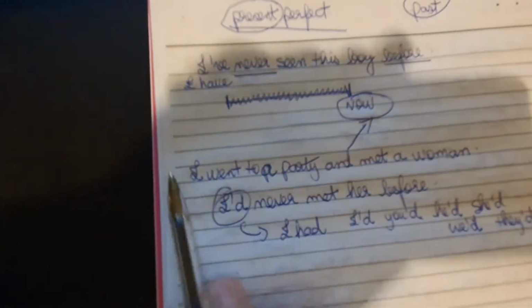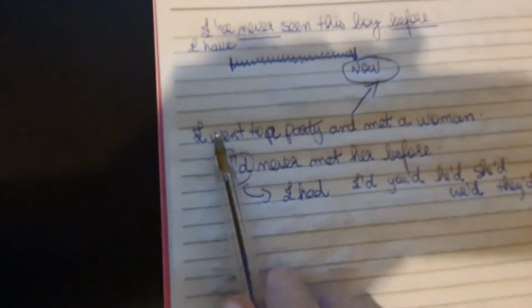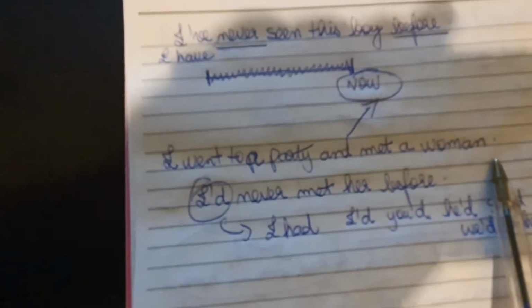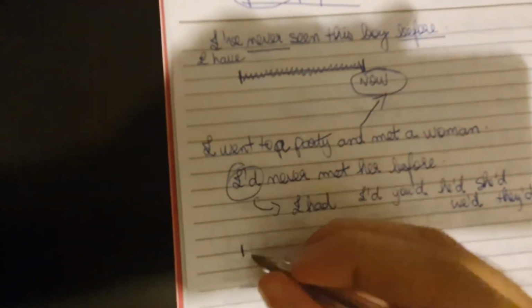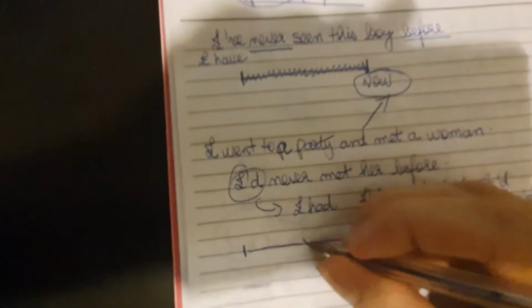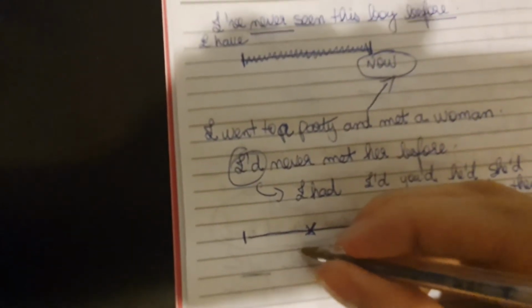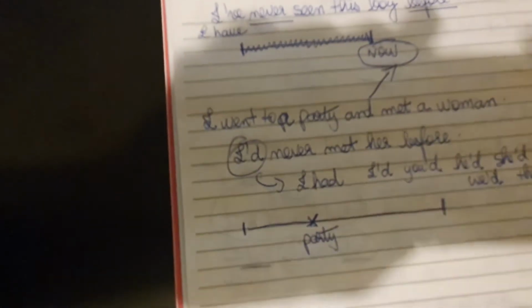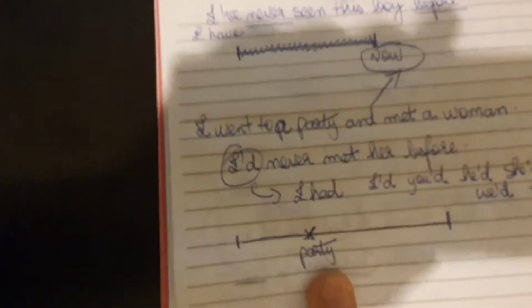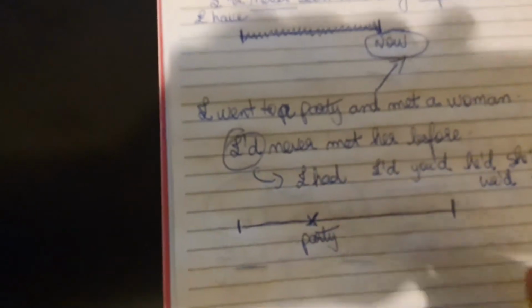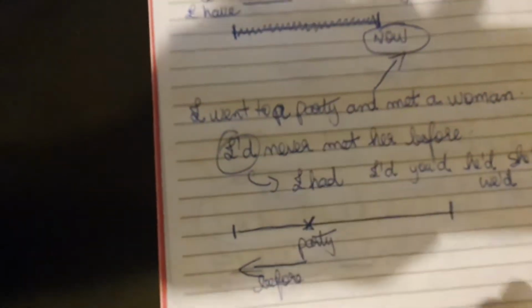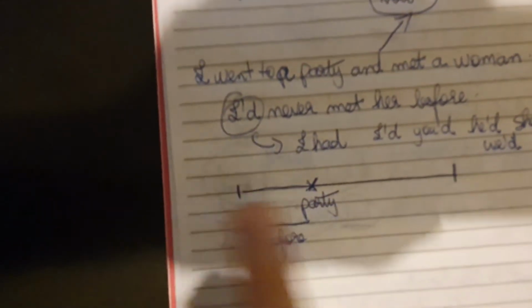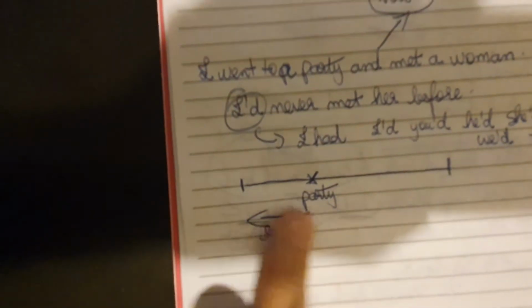So let's get back to our example. I went to a party and met a woman. I had never met her before. So sometime in the past, I went to a party. The party is here. And she starts talking to me and I don't remember having seen her before. Before is something that happened earlier, back in the timeline.